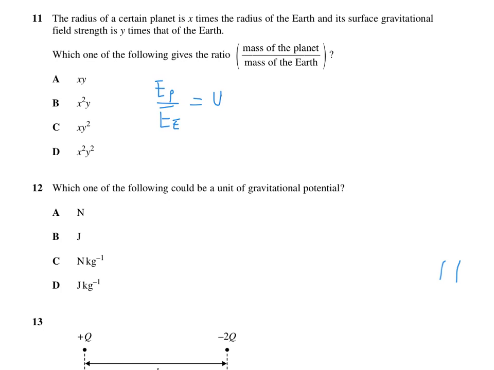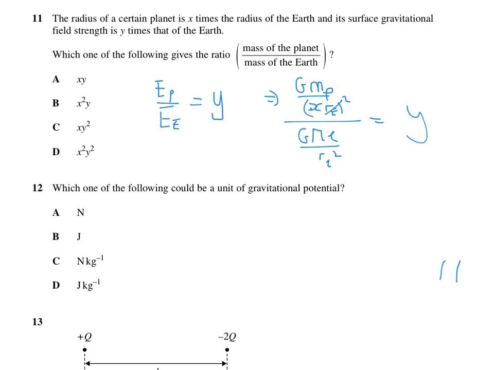And we know that that ratio is equal to y. So essentially, in terms of how we'd calculate it, it would be G mass of the planet over the radius of the planet, which we'll put as x radius of the Earth, squared, divided by G mass of the Earth divided by the radius of the Earth squared, and that's all going to be equal to y.